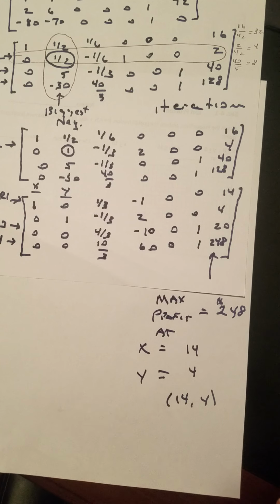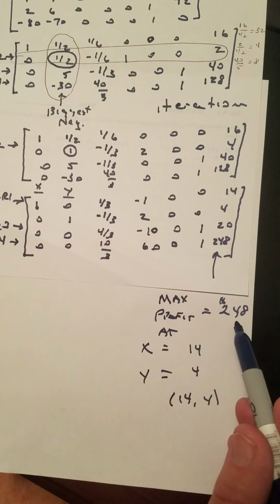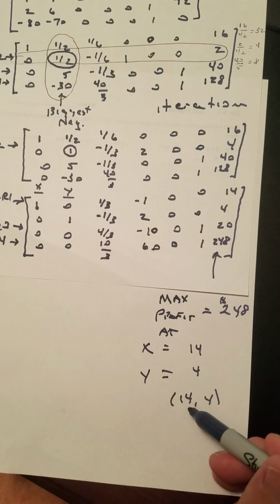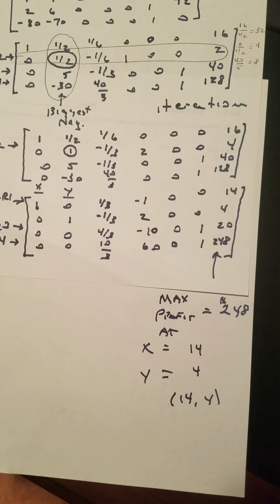I was trying to check real quick, make sure I said it right, but my maximum profit would be $248, and I would achieve that if I had 14 sofas and 4 chairs or vice versa, whatever they were.